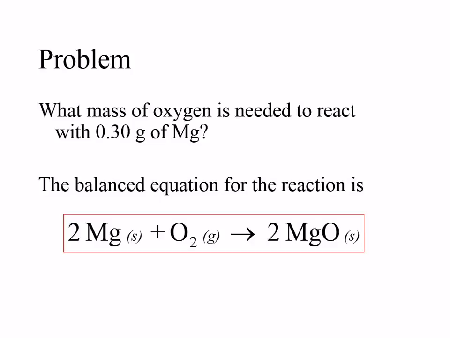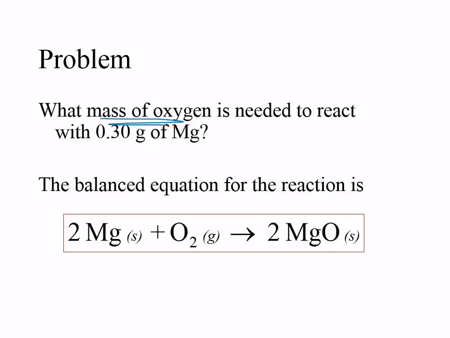Well, we're going to take the same equation, a very similar problem, okay? But now instead of having moles to start out with, we have grams to start out with. And that's usually what it is. Okay. So the way this one works, I'll go ahead and superimpose it underneath the balanced equation.